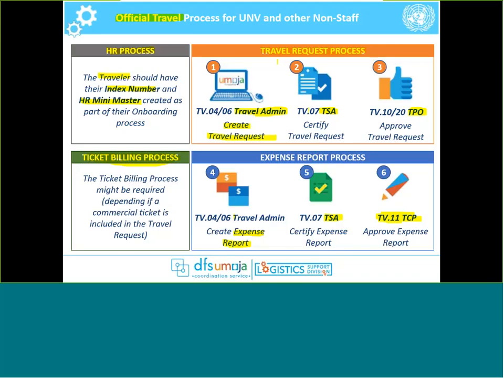So this is the process we were saying before. Step 1, 2, 3 for the travel request, step 4, 5, 6 for the expense report. So for that particular trip, we are now in stage 4, right? We have to initiate the expense report as a travel administrator. All the travel request part has been completed successfully.